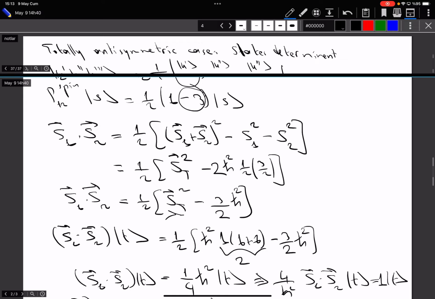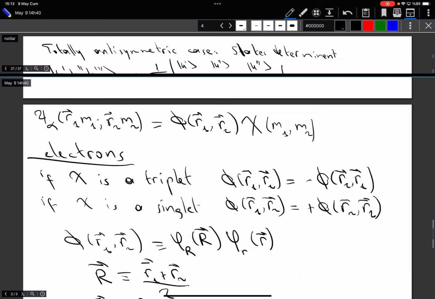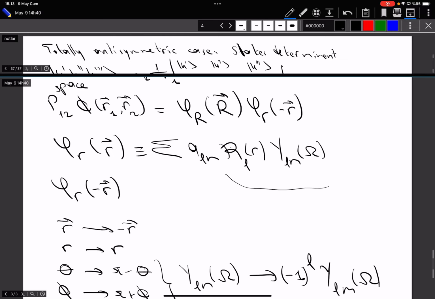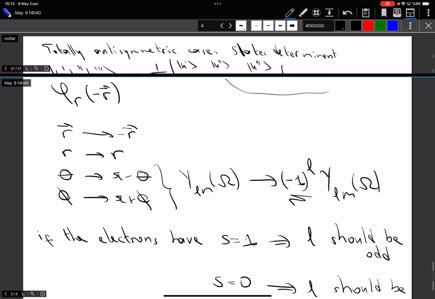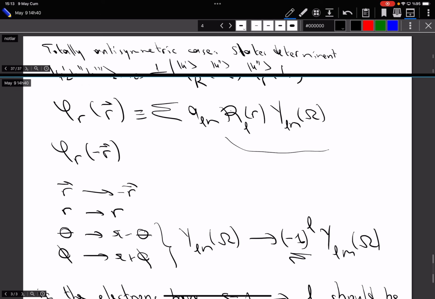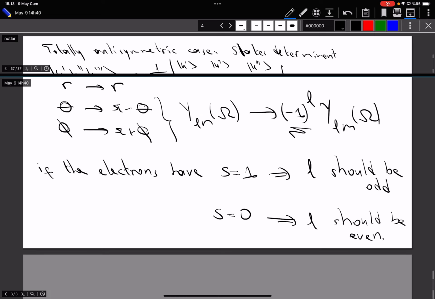Now, the symmetry of the space part is given by minus 1 to the L. So minus 1 to the L in all the terms appearing in that sum should be even. It should be 1, minus 1 to the L should be plus 1. That means only even L terms can appear in that sum. So that is what I mentioned over here.